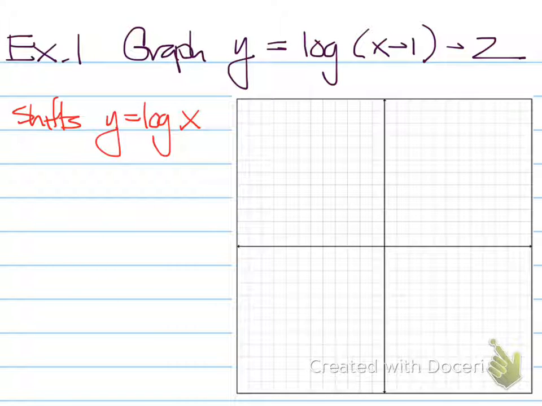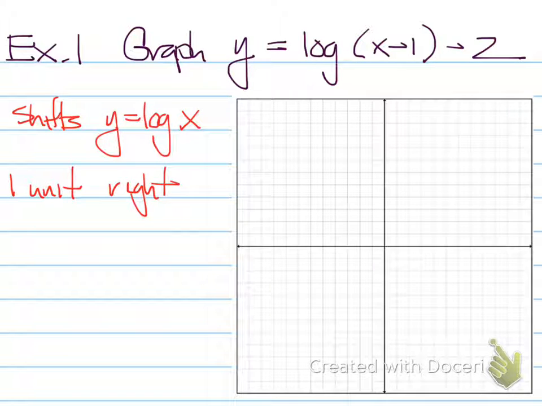So if we have a -1 inside the parentheses, it's going to move it 1 unit to the right. And anything that's being added outside of the parentheses is going to shift the graph up or down. Positive is going to shift it up, negative is going to shift it down. So for this function, we have x -1 inside the parentheses, so that's going to shift it 1 unit to the right.